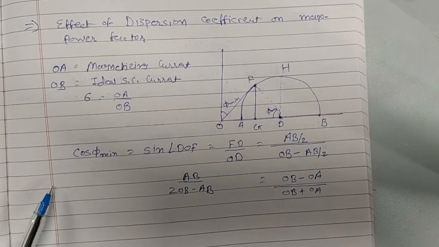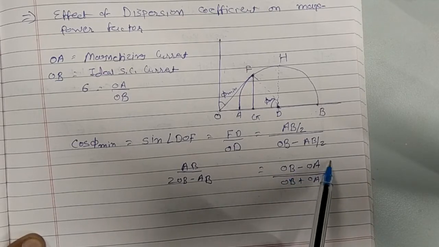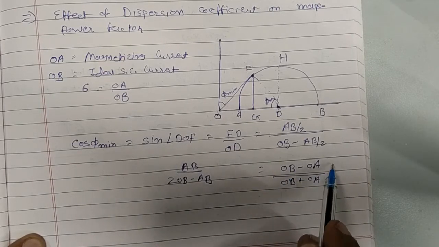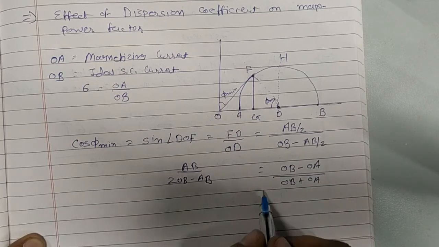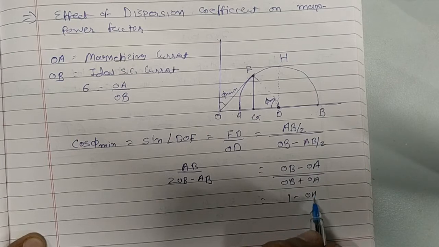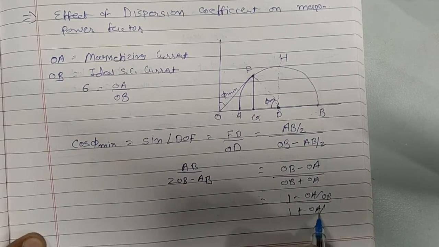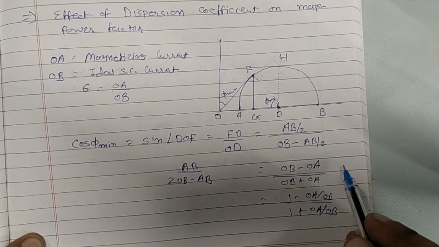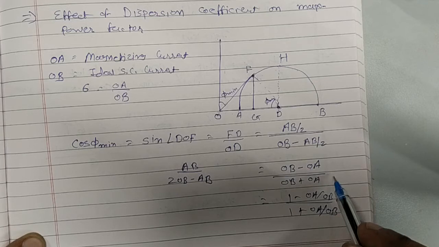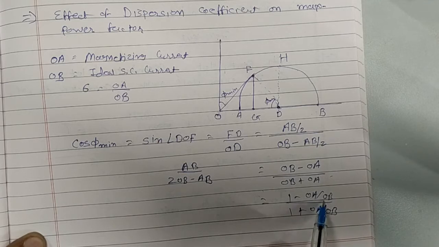Now if I divide this equation by OB, OB over here and divided by OB over here, what I will have is 1 minus OA upon OB divided by 1 plus OA upon OB. I have divided both of them by OB. But what is OA upon OB?